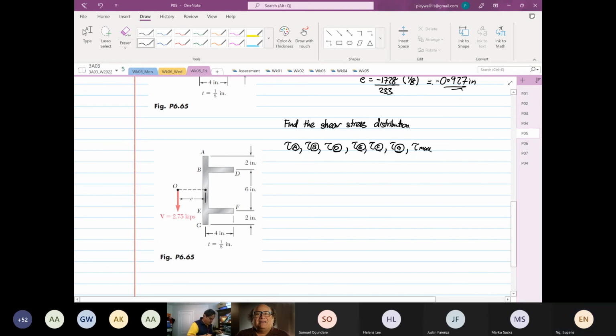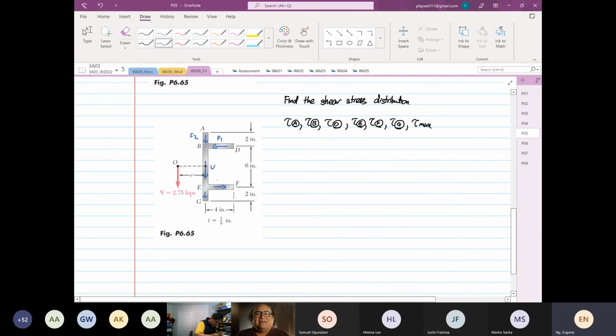So when we design our shear force, these are our F. I think I call this F1, F2, V. I could not remember which is F3. That's F3, and that's F4. We realize that there are terminals over here. This is one of our terminals.